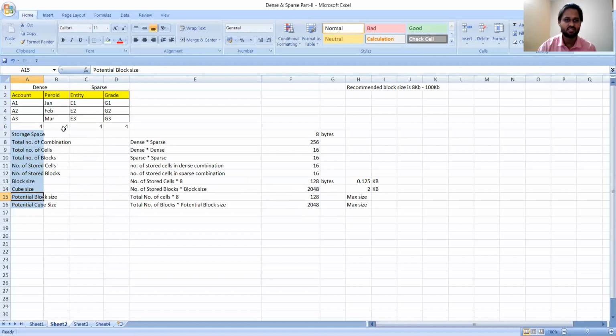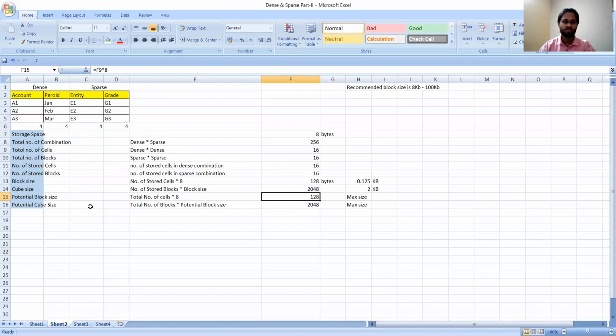The total number of cells, dense into dense, is 4 into 4, we got 16. So 16 into 8 bytes, 128 is the maximum size in a cube for the block size.